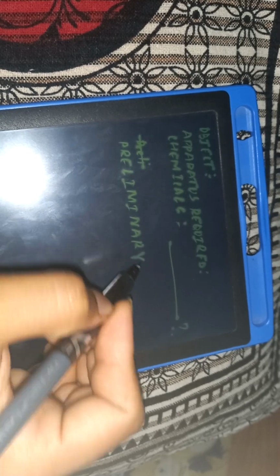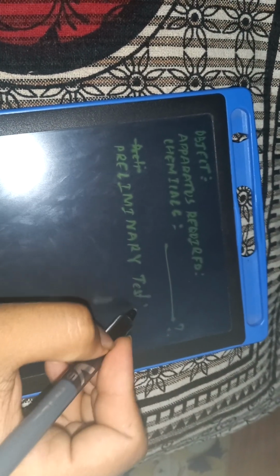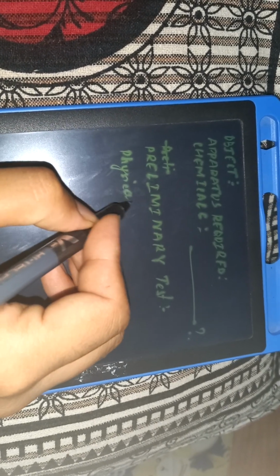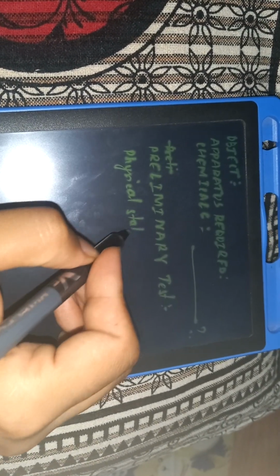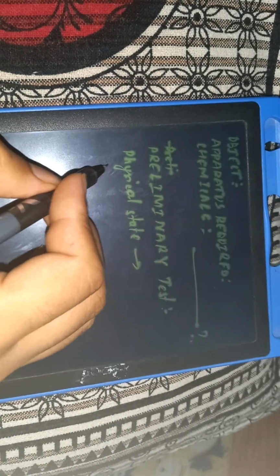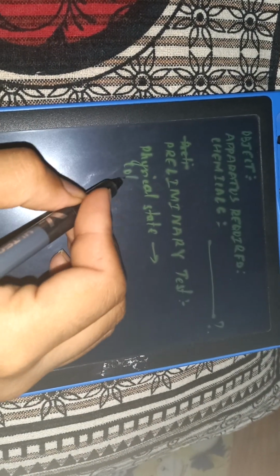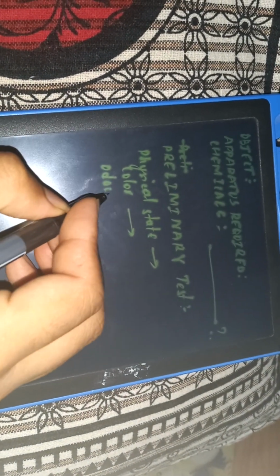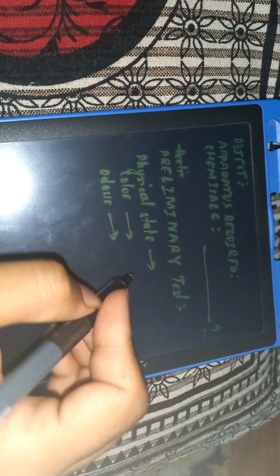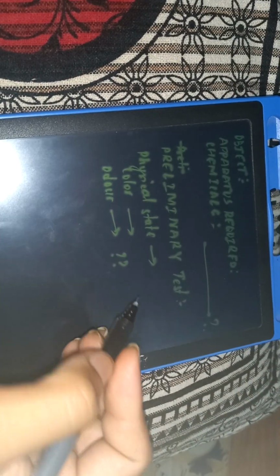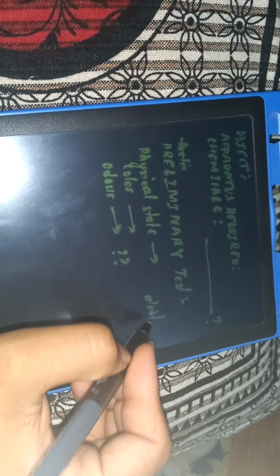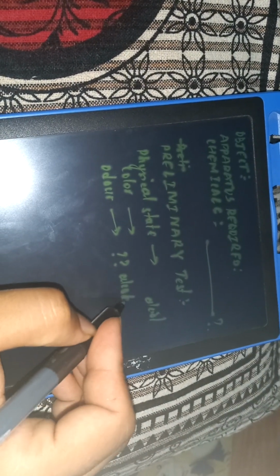Preliminary test. Here you will write the physical state: solid, liquid or gas. Then the color: colorless, red, black, blue. Likewise, odor. It is very difficult to find the odor, so after the last result obtained, if it is alcohol, then it is alcoholic.